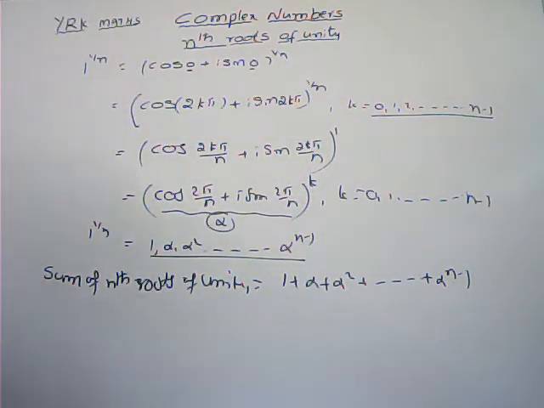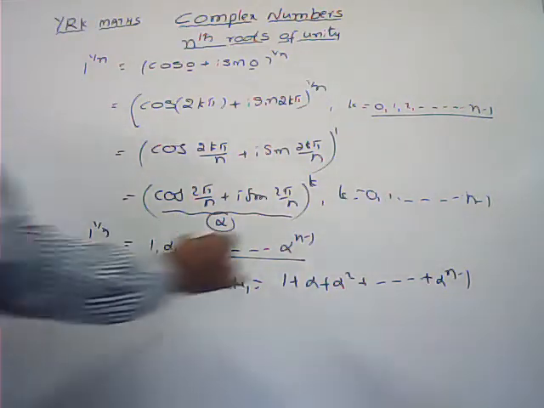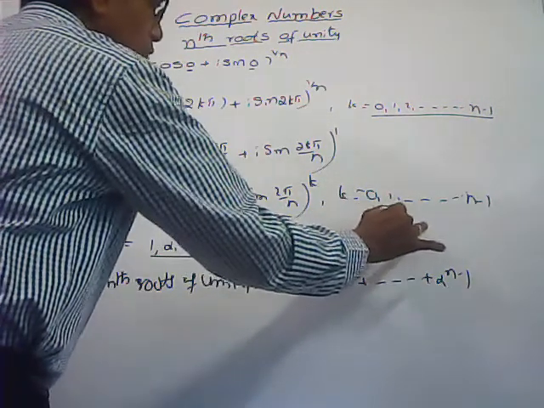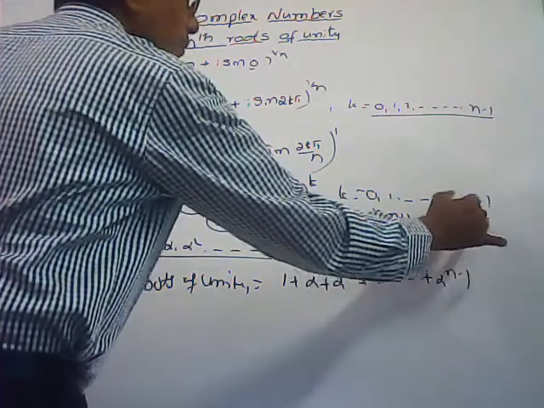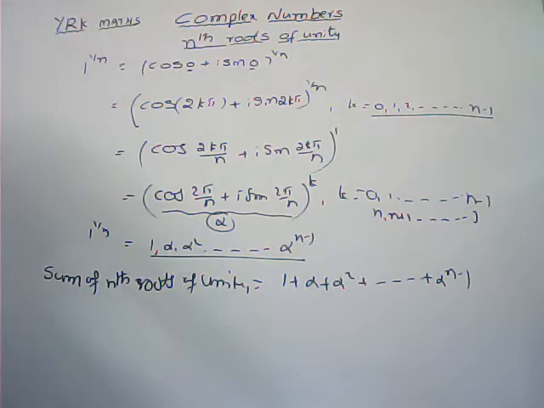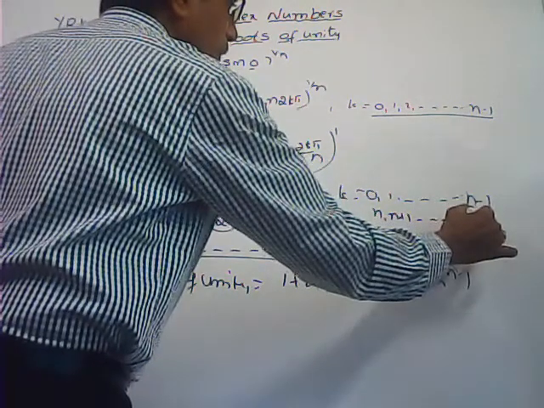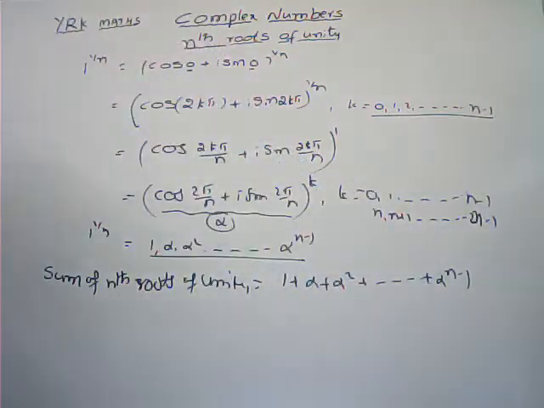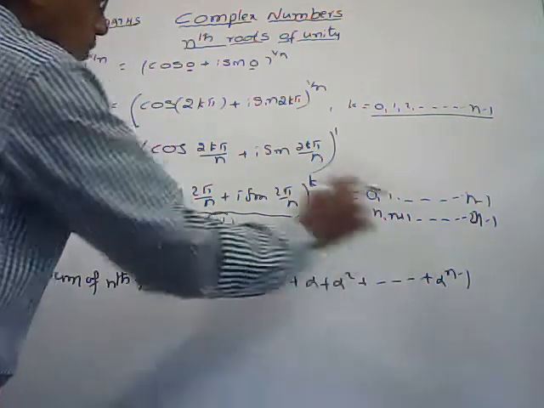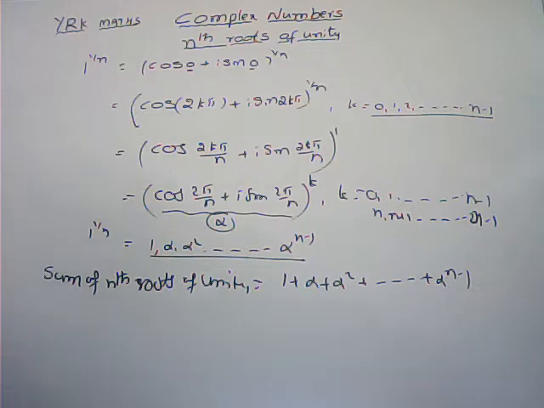If I take one more partition, n plus 1 and so on, by adding n we get up to 2n minus 1, and the same values repeat only.